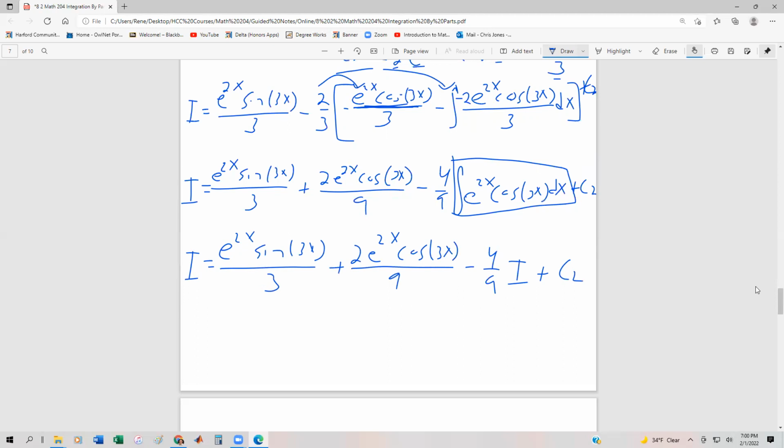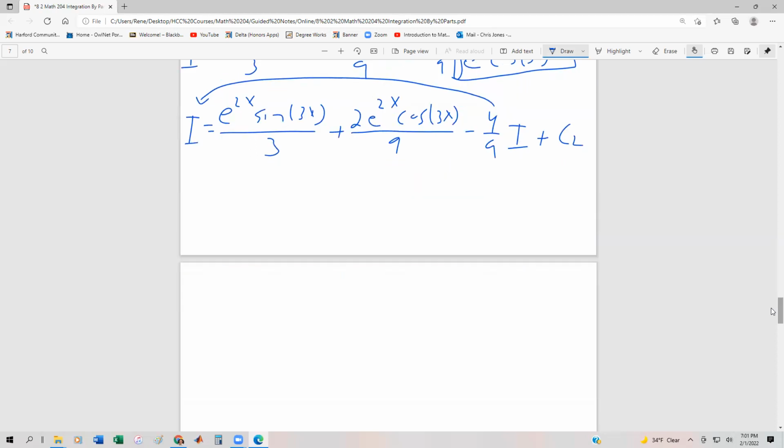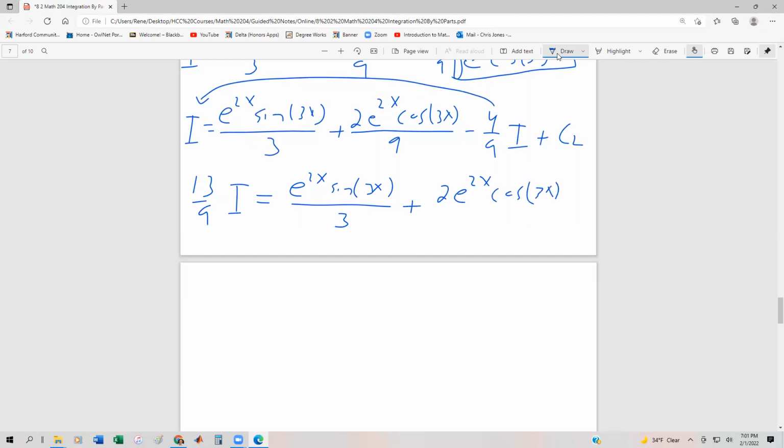Now we can isolate the I. So I'm going to add I to both sides, and I'm going to wind up with I plus 4/9 I. And when we add that together and get a common denominator, it's going to be 13/9 I. So 13/9 I is going to be equal to e to the 2x sine 3x divided by 3 plus 2e to the 2x cos 3x divided by 9 plus c2.